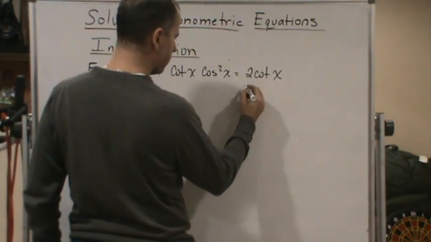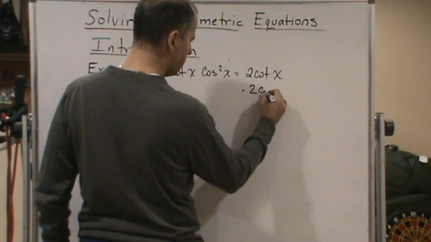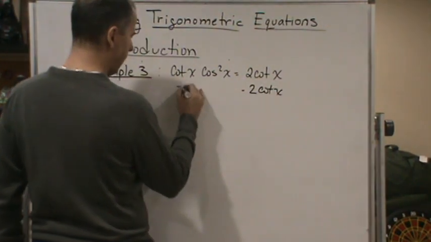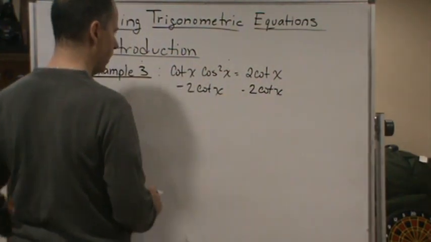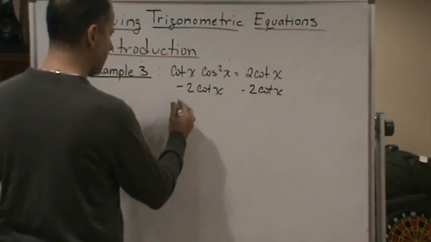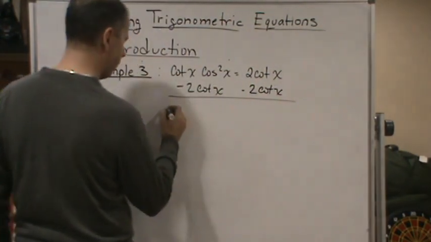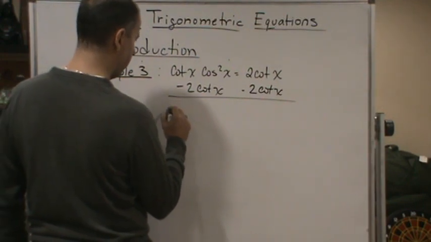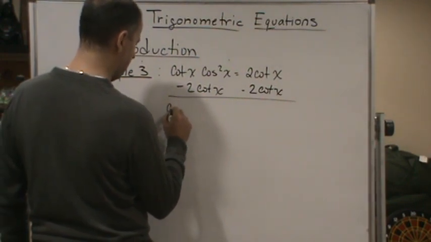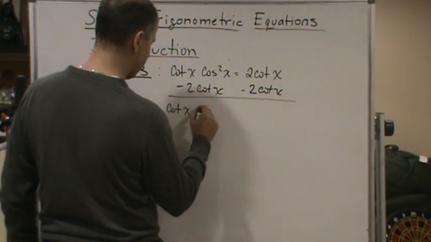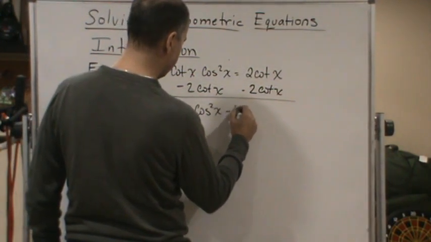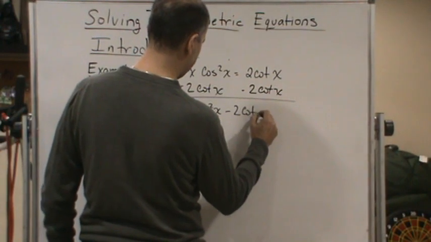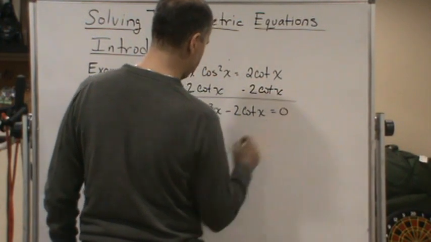So what I'm going to do is subtract 2 cotangent x on both sides. Okay, so that means I'm going to end up getting cotangent x cosine squared x minus 2 cotangent x equal to 0.